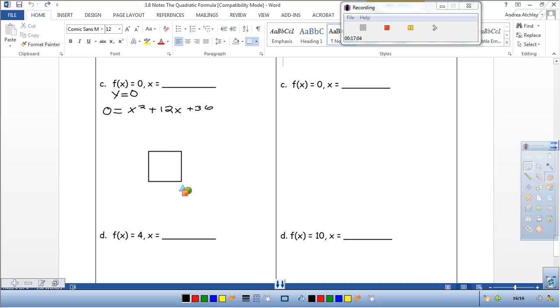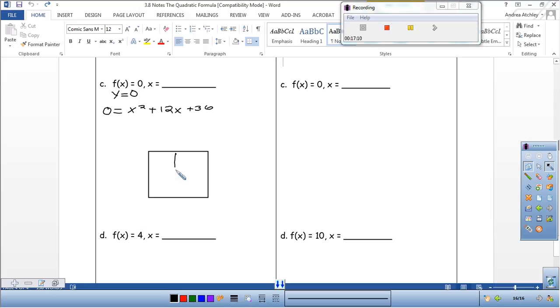Okay, so we're going to draw our box. We're going to get x squared plus 12x, and then 36. We're going to get x times x. Oh, it won't let me write it there, of course.